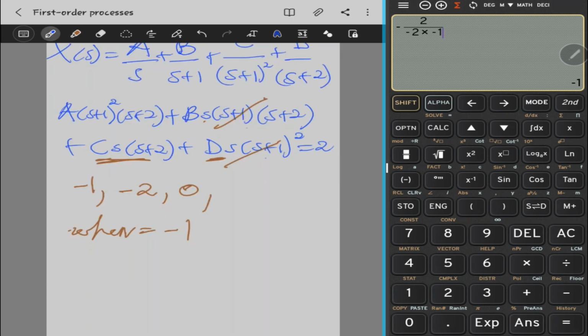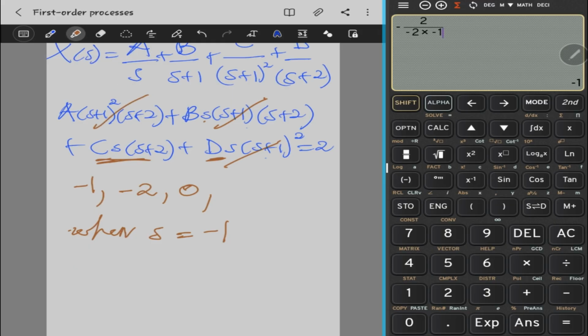Next, this is s, this one, when s is equal to -1. So we will have -1 as well, then this one too will tend to 0. Fine.